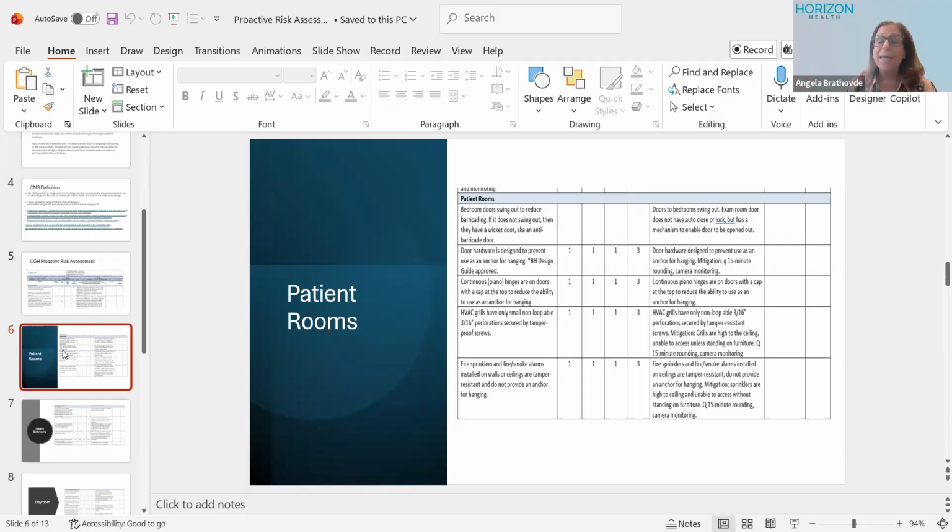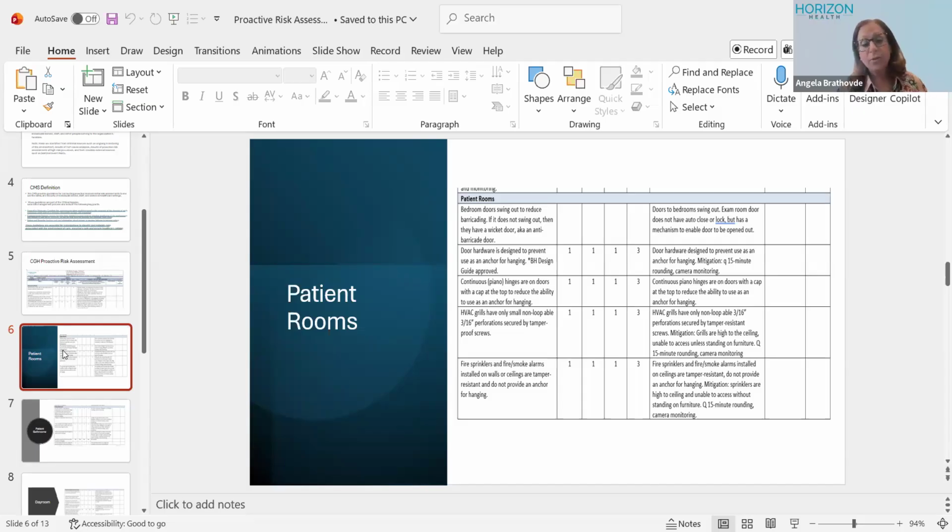And if the patient can be creative and get that piece of dental floss into those holes, that can create a ligature point. Again, we can look at weight and whether or not some of those things hold weight. It still is a risk, and we still have to be aware of it.